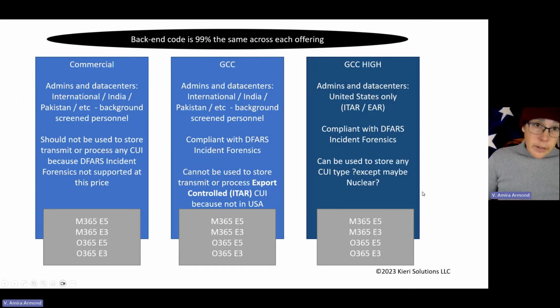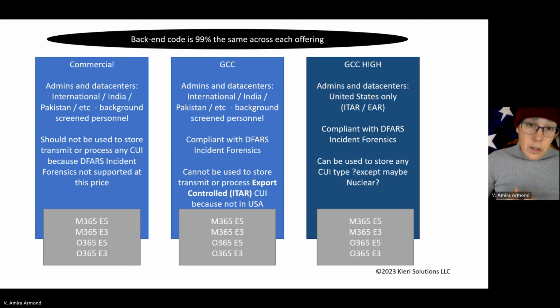So coming back to the original question, do I need to use GCC High to pass CMMC? No. Nope. Not at all. Super wrong, super misleading. If anybody tells you that, they're bad. It should be a nuanced conversation.